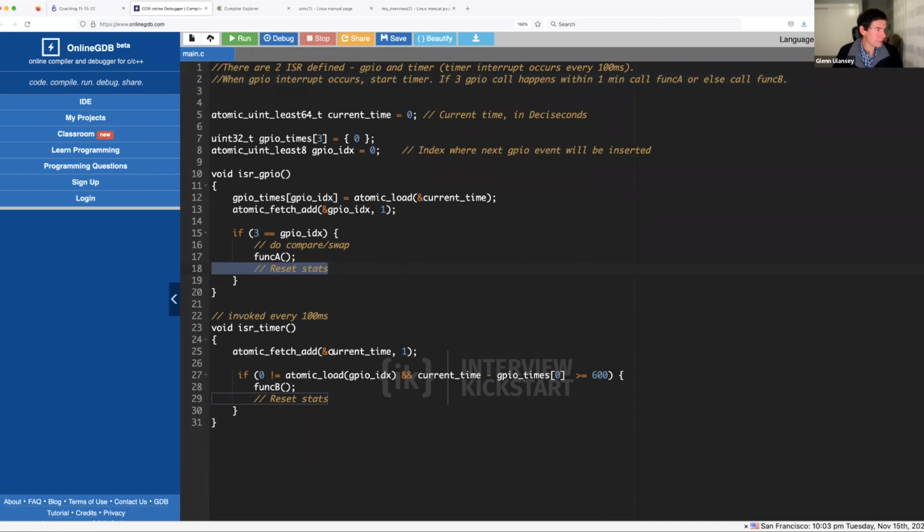We would not want to reset the statistics there. We would only want to reset the statistics after 1 minute has elapsed down here. Or maybe it's the other way around. In whichever way you interpret this question, you could reset the statistics in one case versus the other. The way I read this question was a strict else.